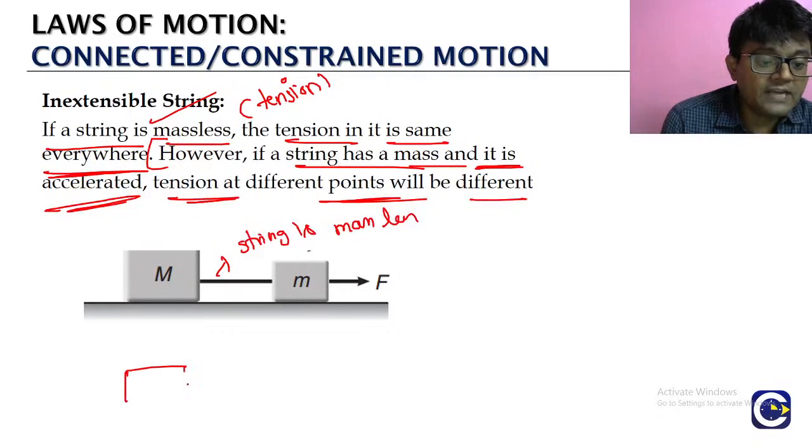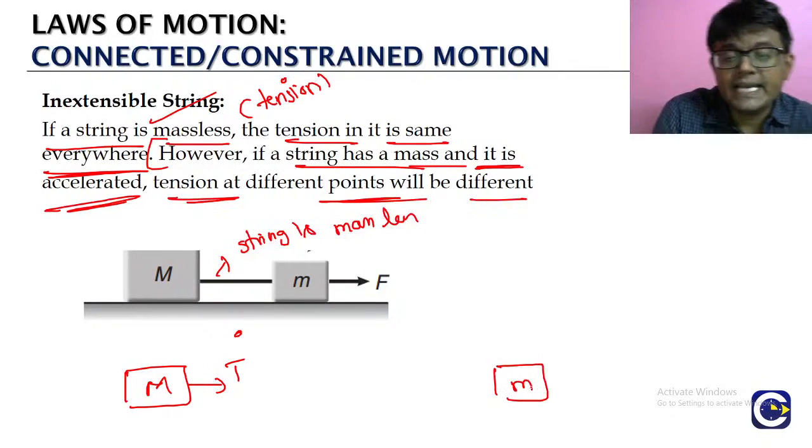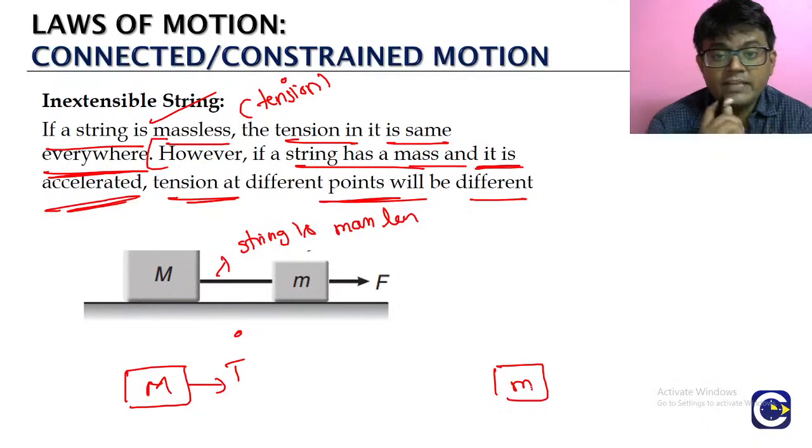When drawing the free body diagram for capital M, it is connected to the rope, so there will be a tension force acting on it. Tension will be acting through the rope, and we represent that by the value T. I am not drawing the entire free body diagram, only the tension. On the other side, we are drawing the free body diagram for the mass small m. Small m is also connected to the rope.